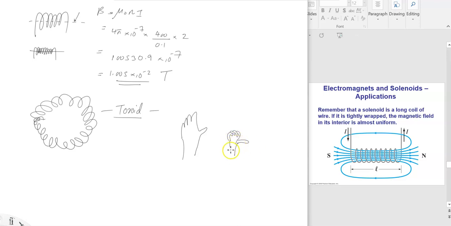And thumb pointing outwards. So if you look at this coil, again I can show this in class much better. When the current rotates in this thing, it's like current coming to you from the top, going away from you from the bottom.